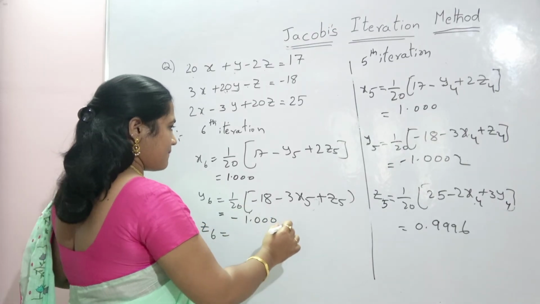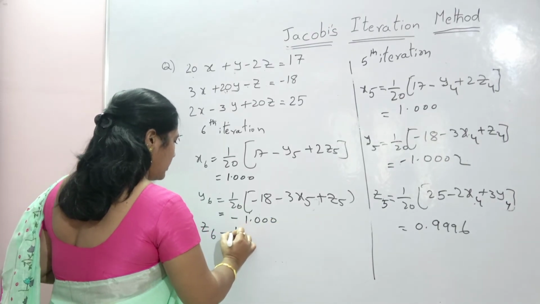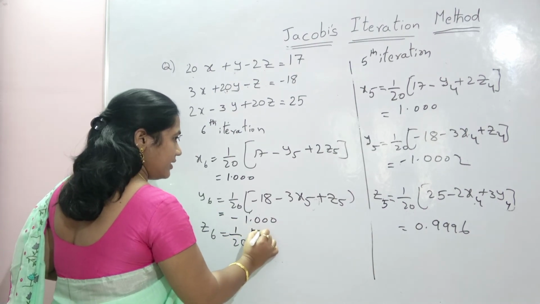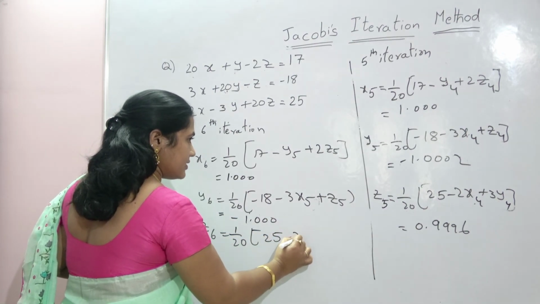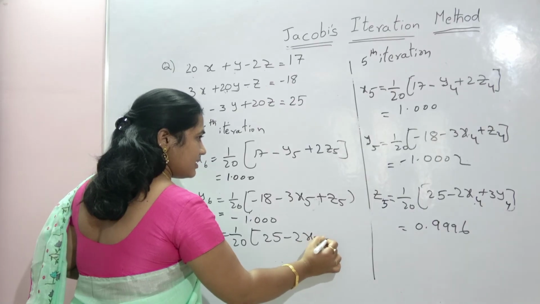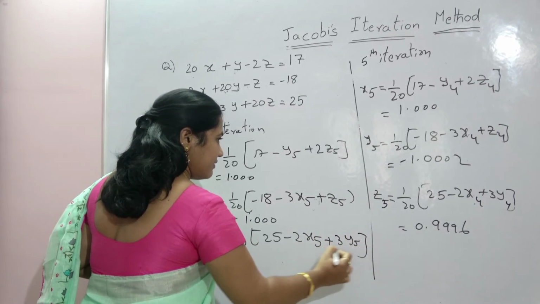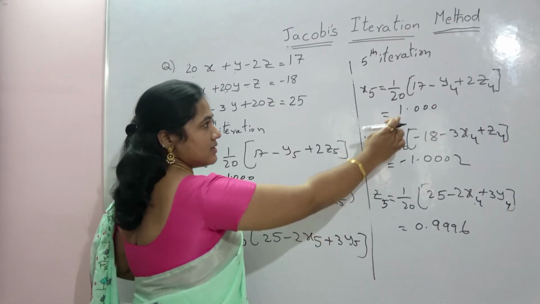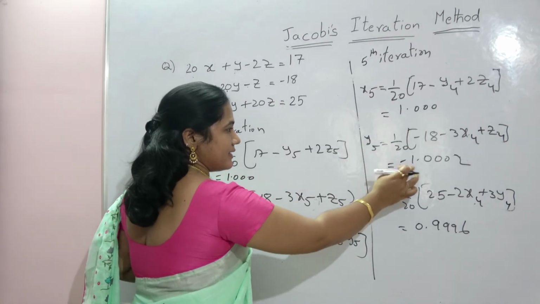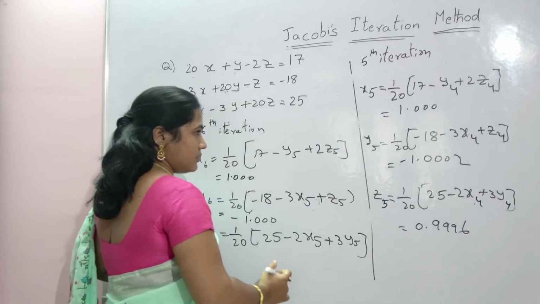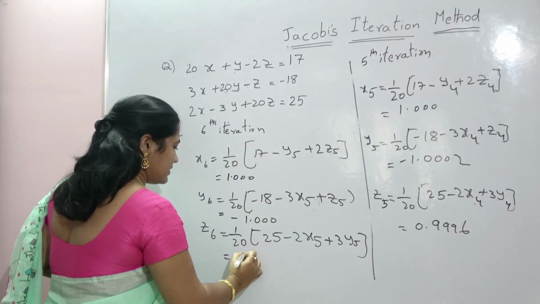and z6 is 1 by 20, 25 minus 2 x5 plus 3 y5, and x5 is 1 and y5 is minus 1.002. Then z6 value is 1.